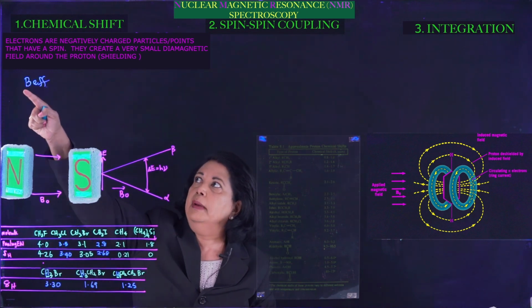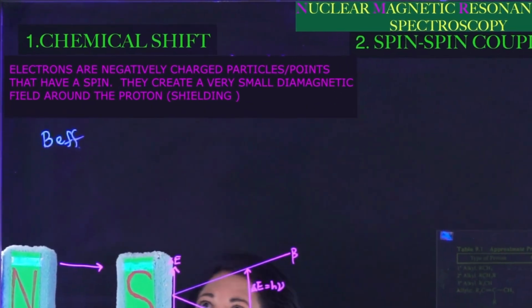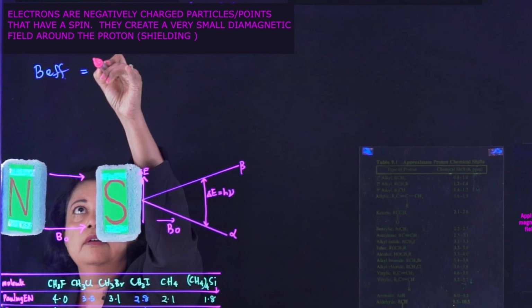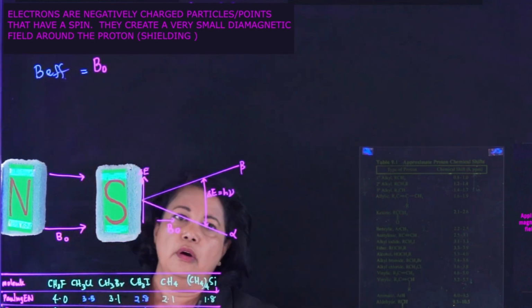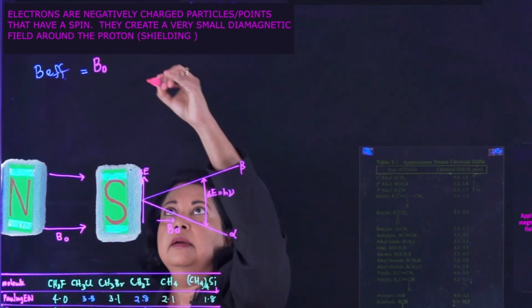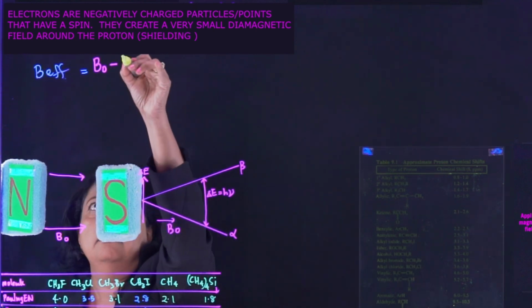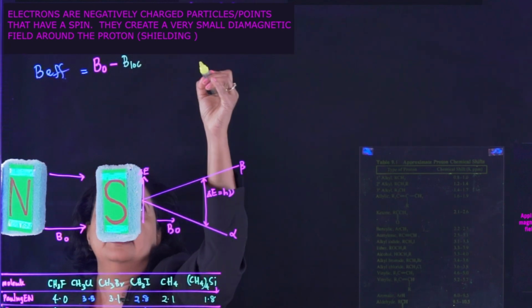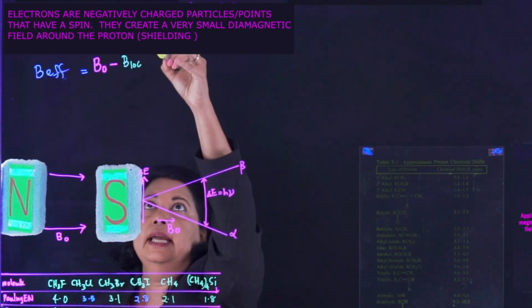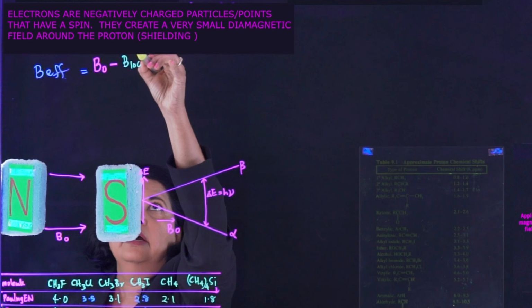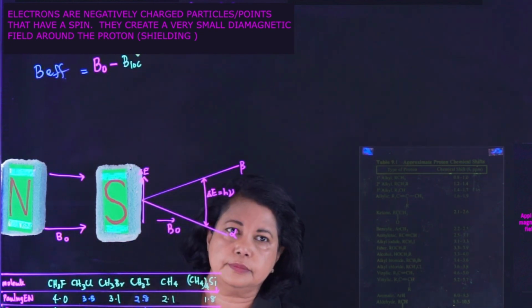The effective magnetic field here is equal to the B0 of the machine, or operating magnetic field of the machine, minus the B local, the diamagnetic field around the nucleus created by the electrons.